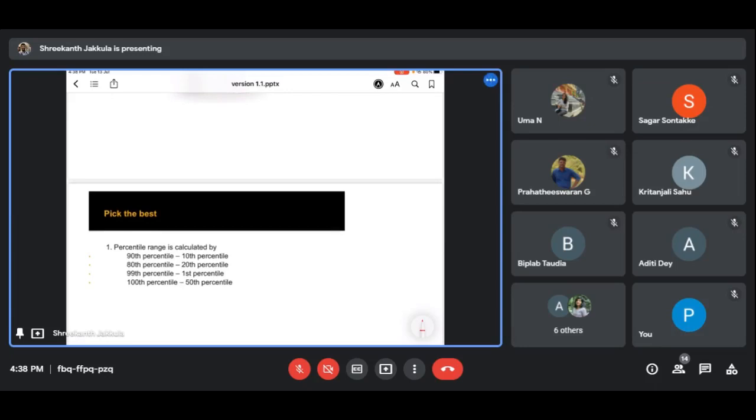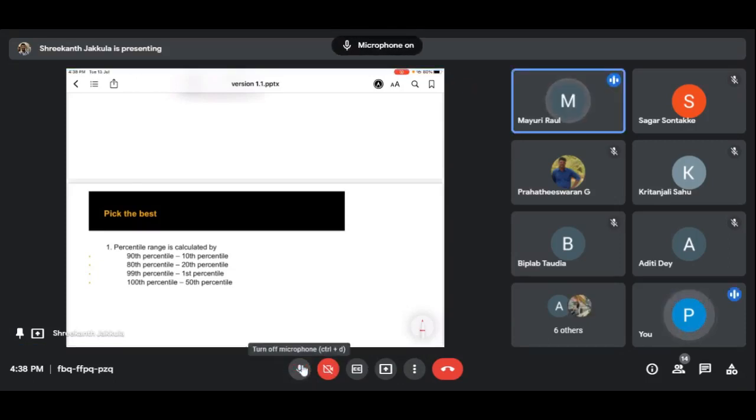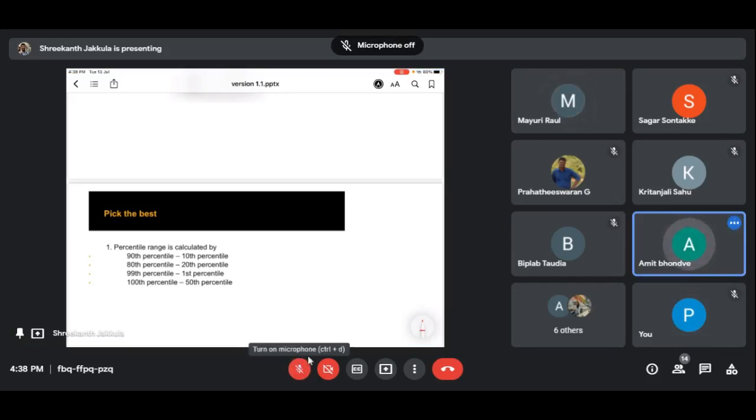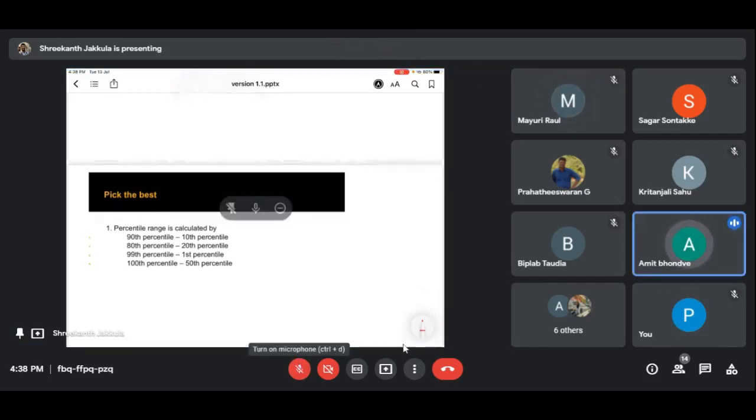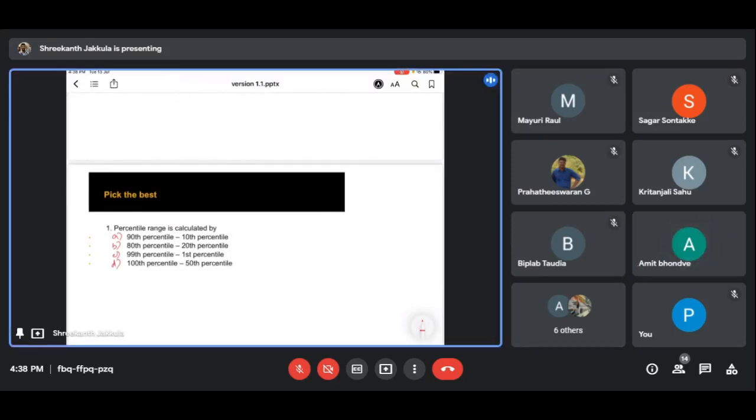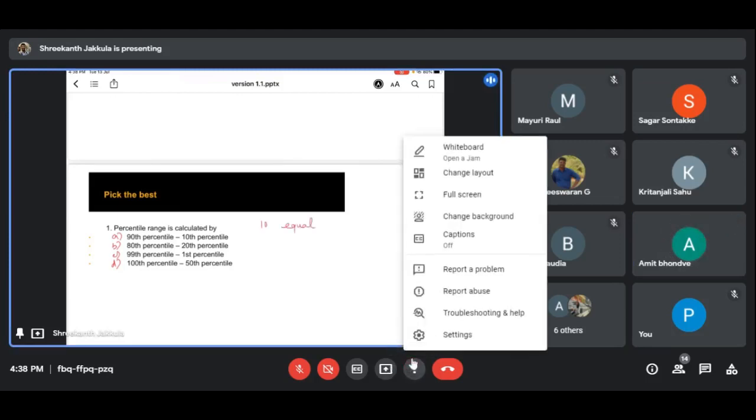Can anyone read the first question? Percentile is calculated by: 90th percentile minus 10th percentile, 80th minus 20th, and so on. Which one is correct? Percentile divides into 100 equal parts.